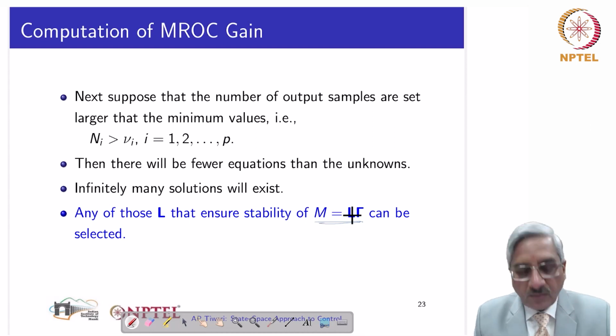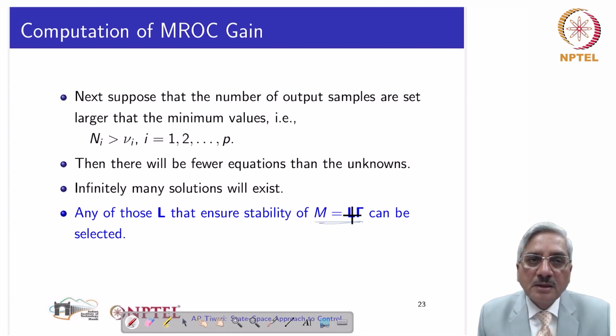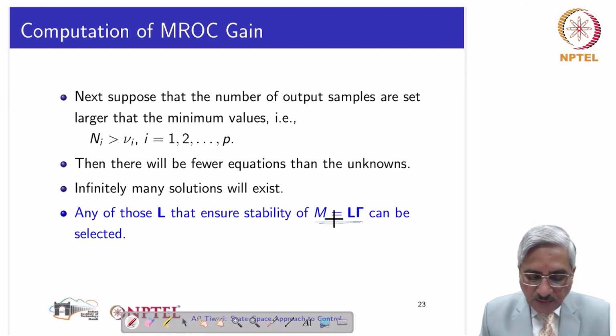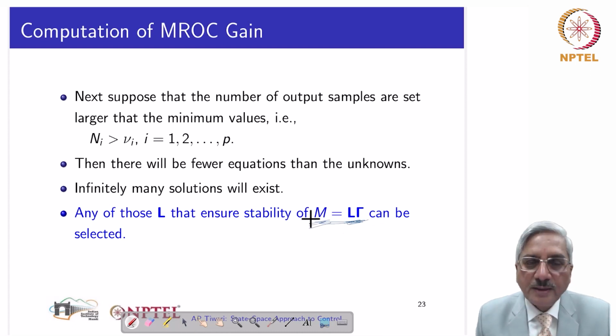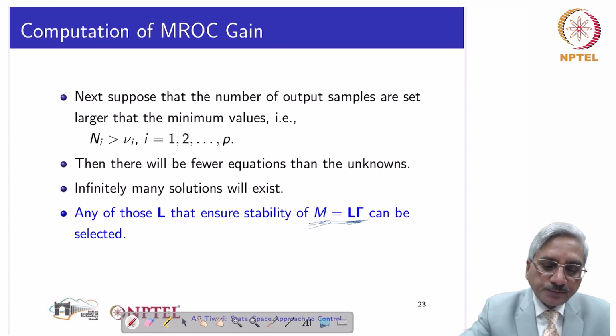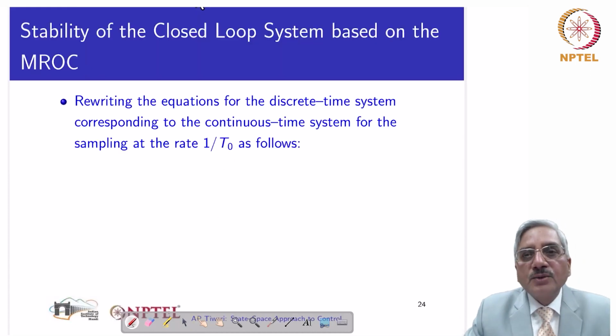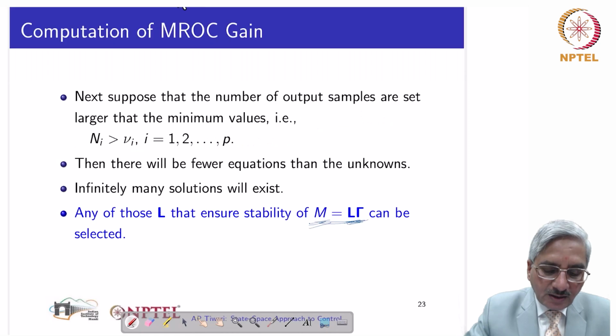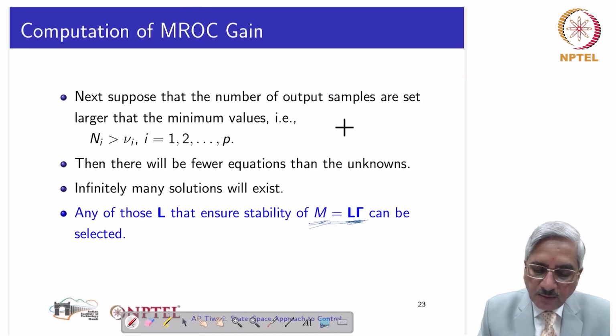The procedure is the same. We assume some of those L's because we have more unknowns than the equations, and then we solve the remaining L's and plug the values of L into this to obtain M. We check the eigenvalues of M, and if they are not leading to stable M, if the eigenvalues are not within the unit circle, then we redesign, we re-obtain L to realize that F. Means we re-obtain LC equal to F. We solve again.